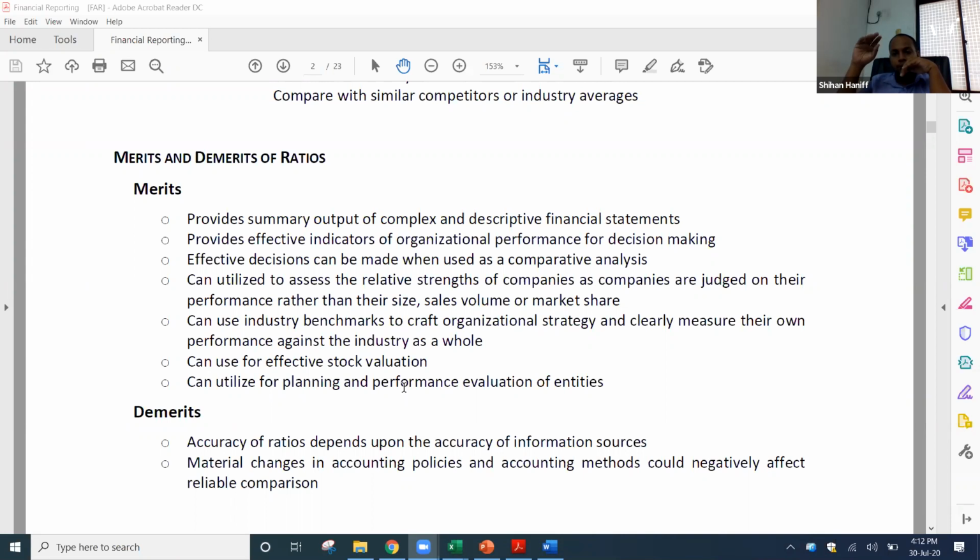You know what has happened in the previous year, what is the current year, what will be in future. It's easy to understand. It's a very effective way to make decisions. You can compare with your past data and you can analyze the future, right? So there are so many advantages.